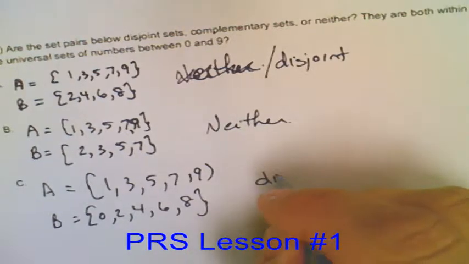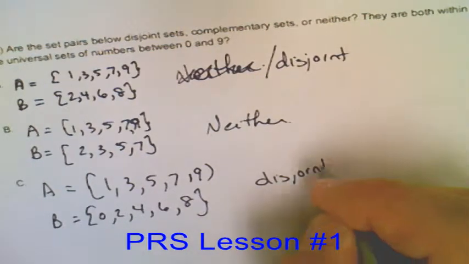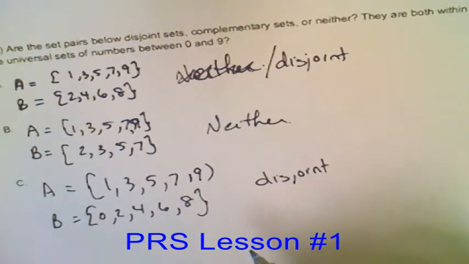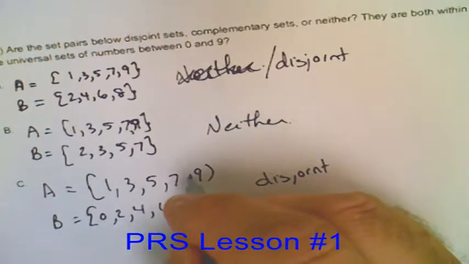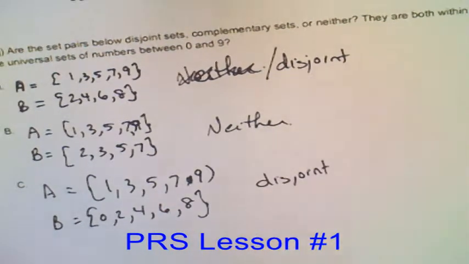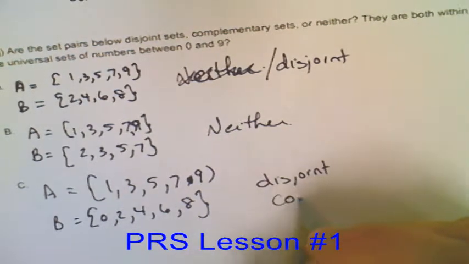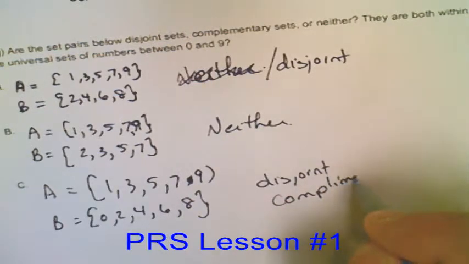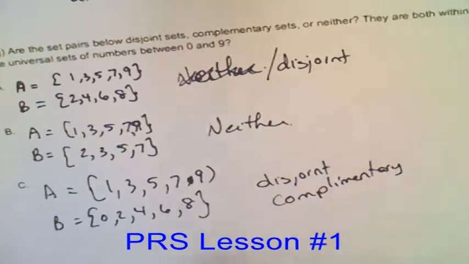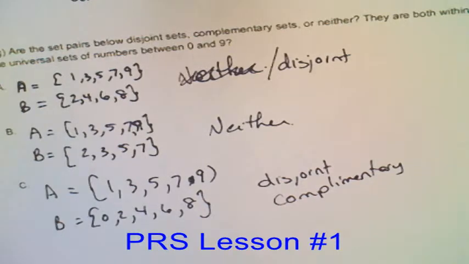Whereas I can give you ones like this, A and B. I can give you 1, 3, 5, 7, and 9, and I can give you set B, which is 0, 2, 4, 6, or 8. In this case, I can look at that and say, well, they're disjoint. I know that much, because they don't touch.